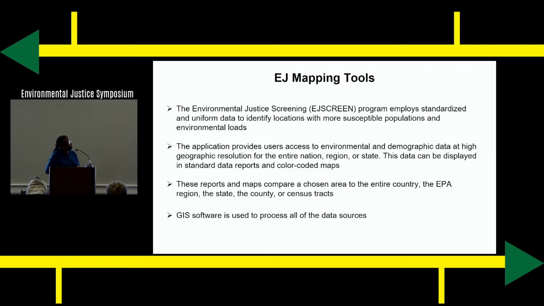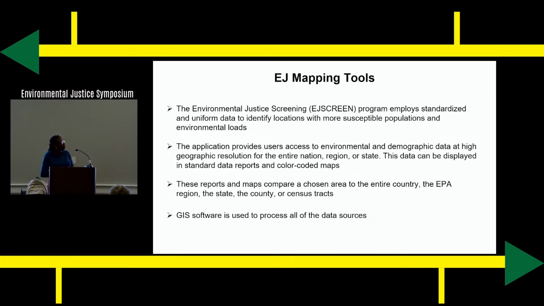And it's also an application that provides users with access to look at environmental and demographic data at the same time. So it gives users the ability to view this data and visualize it and see what this data actually represents in the nation, region, state, census tract, block group, block designation. And it's also color coded, so it's easy to understand.